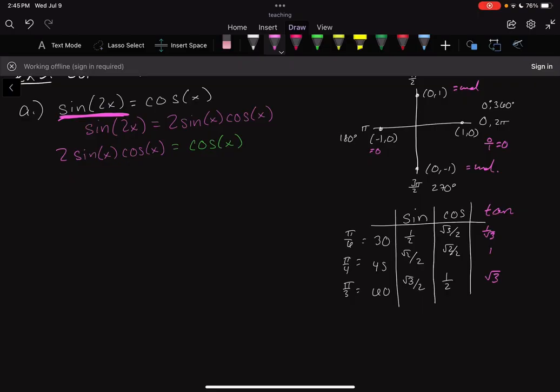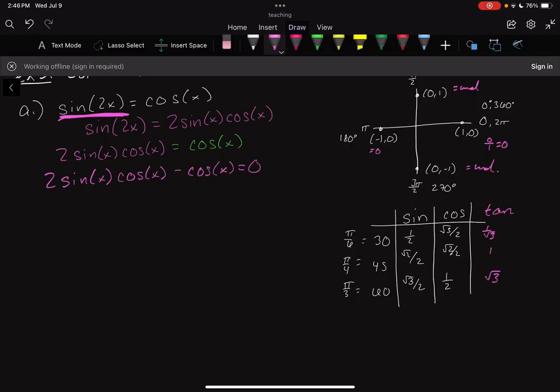At this point, if you start thinking, oh, I can divide both sides by cosine, you never ever want to divide by an entire function. You can divide by numbers, but not a whole function. You'll miss out on some answers that way. What we can do instead is move everything to one side and then factor out a cosine to the front.